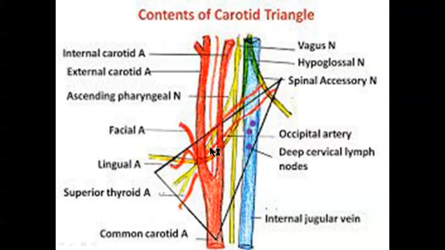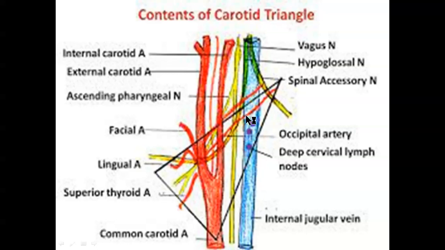Let's talk about the contents very quickly: the common carotid artery, and the external carotid artery with its branches: superior thyroid, lingual artery, facial artery, occipital artery, and ascending pharyngeal artery. Then the internal carotid artery is a part of the carotid triangle. Then we have the vagus nerve coming in between your common carotid and your internal jugular vein. The internal jugular vein would be part of your carotid triangle, along with the lymph nodes.